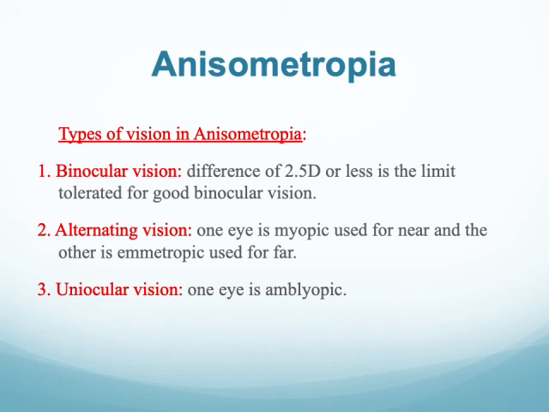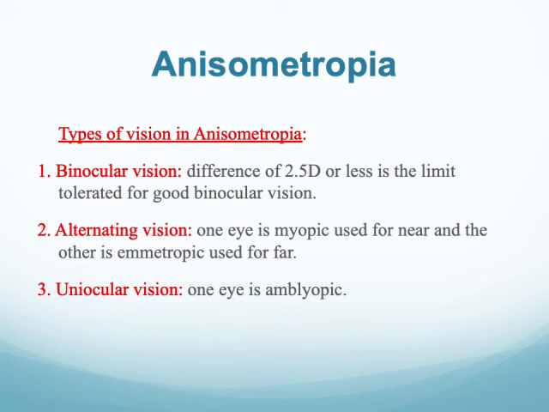Alternating vision is when one eye is myopic, used for near, and the other eye is hypermetropic, used for far. Or the strong eye for far distance and the weak eye for near. If one eye is myopic, the patient uses it for near, and the other eye is normal, the patient uses it for far vision.